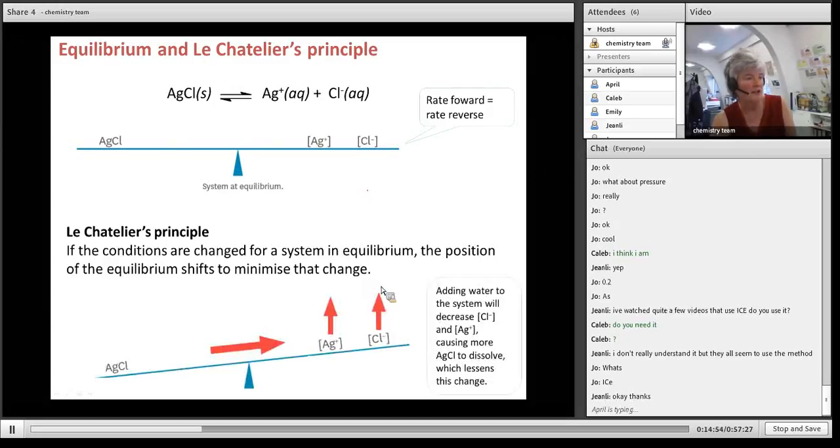Okay, so an example here was, I've added water to the system. So if I've added water to the system, my concentration of the silver and chloride decreases because I've got more water. So I'm going to get more silver chloride dissolving. Okay, so if this decreases, more is going to go across. Yep, so April, it's only temperature that changes the K value.